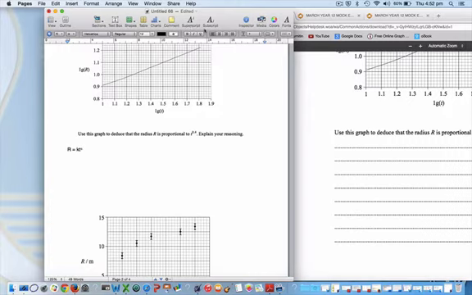Now, if we take the logarithm of both sides, so if r is equal to kt to the power of n, then the log of r is equal to the log of that entire function, kt to the power of n.